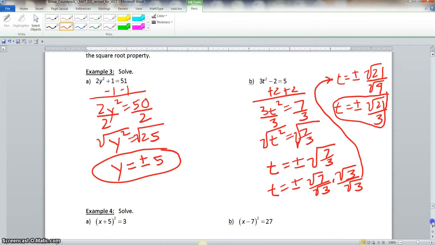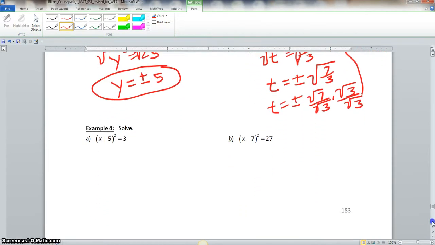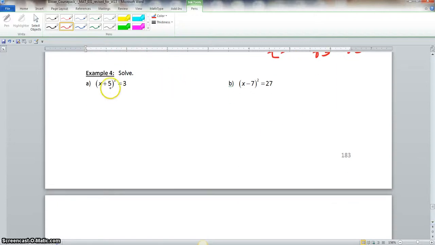Now, we scroll down here to example 4. Now, example 4 tells us to solve, but if you notice, this time we have a parenthesis. So we still would do the square root method because this is the value squared equals to a number. So what we would do here, we would take the square root of both sides to get rid of that square.